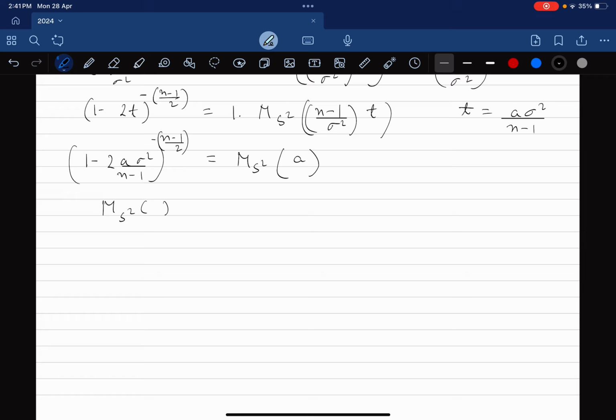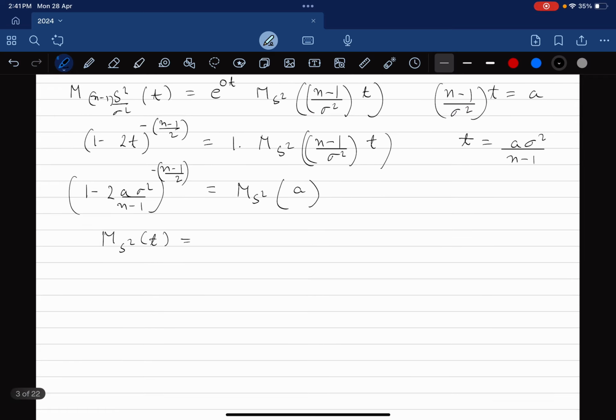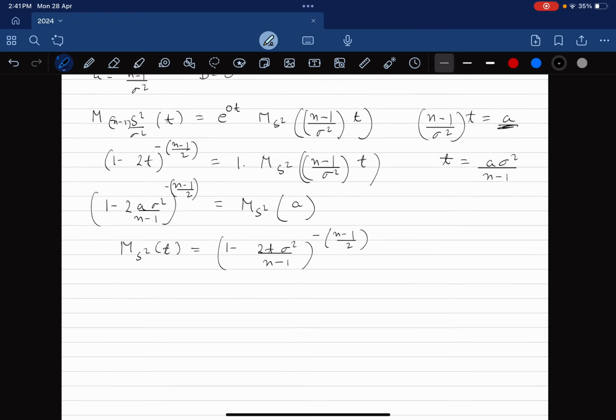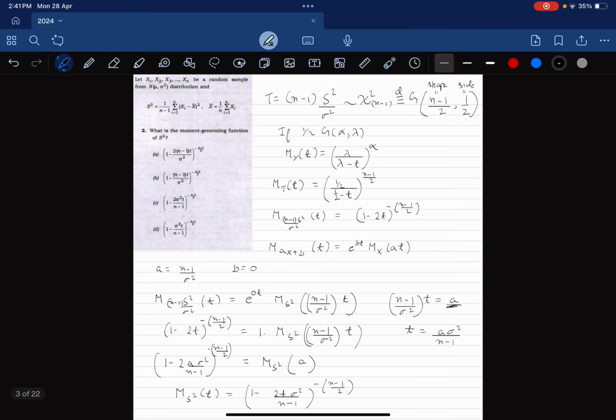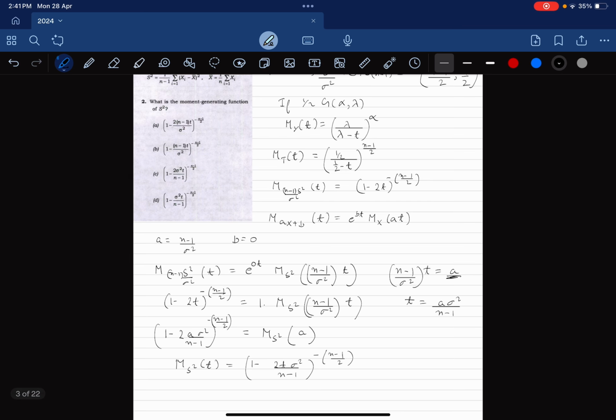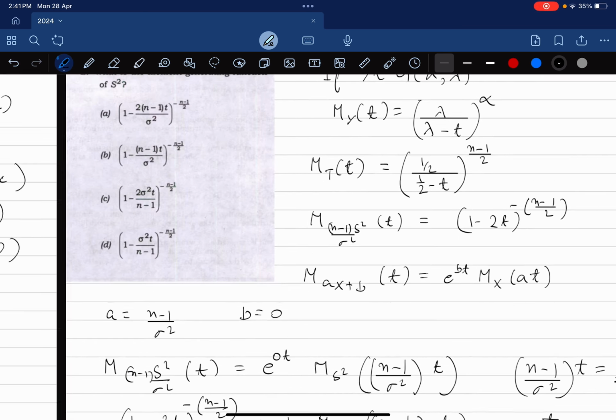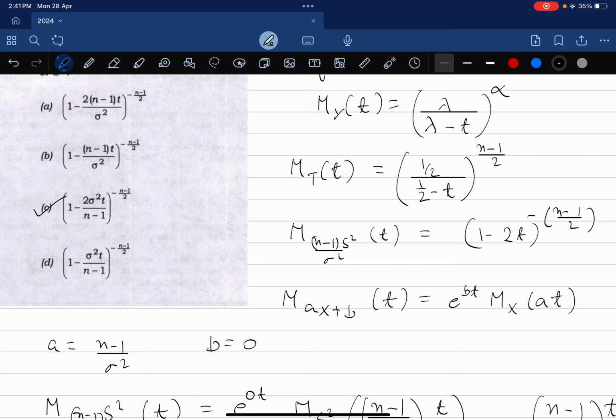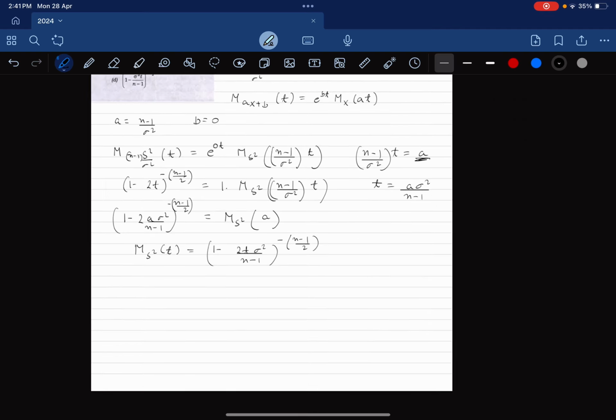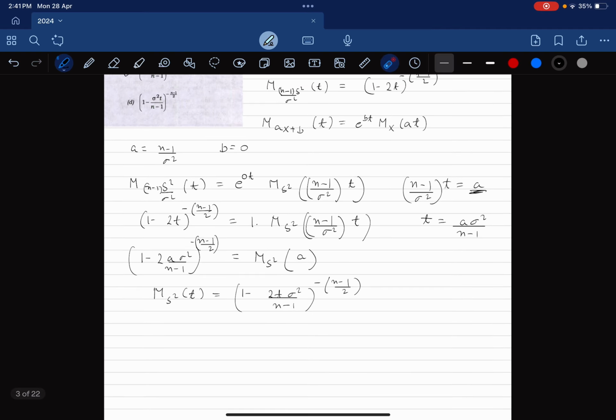Now I can substitute this back into t, since a was just a dummy variable. M of s square of t will be 1 minus 2t sigma square over n minus 1, whole to the power minus n minus 1 by 2. Let's check if it matches. Yes, it matches perfectly.